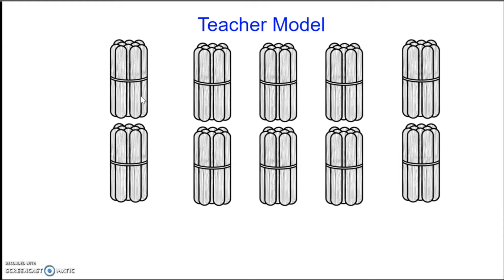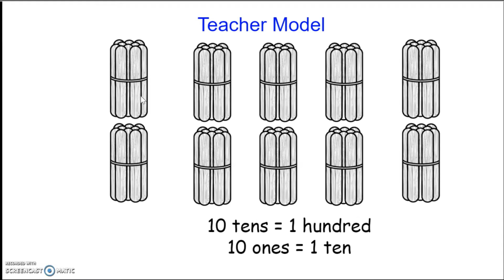What is the value of 10 tens? The value of 10 tens is 100. Now, I already gave you the answer ahead, but take a look. How many straws equal 1 ten? Yes, there are 10 straws or 10 sticks that equal 1 ten.